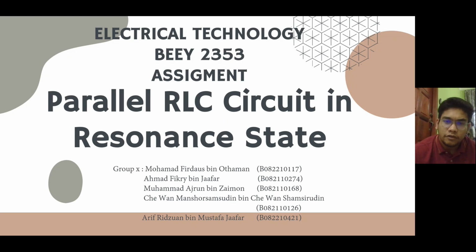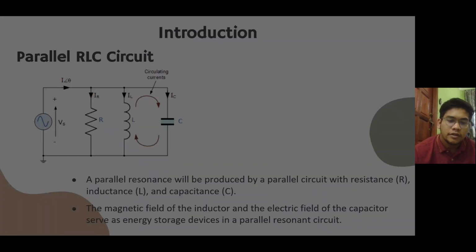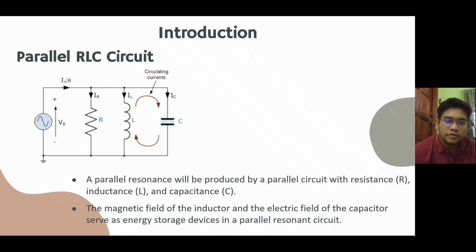As for the stars, we have been assigned with a parallel RLC circuit in resonance state. So, what does parallel resonance in an RLC circuit really mean? Resonance, in other words, means synchronization. To put it simply, resonance causes the sound waves to be clear and loud in a synchronized form.